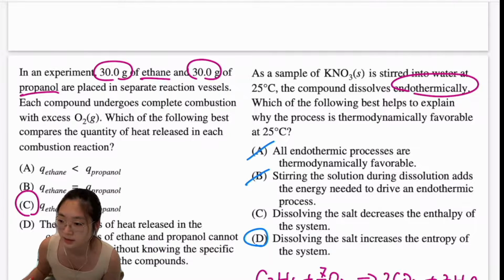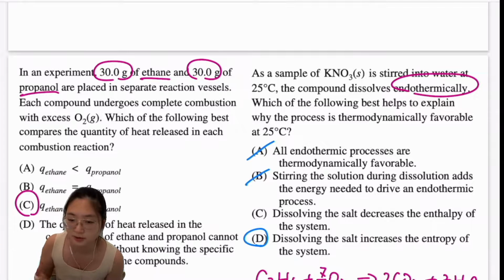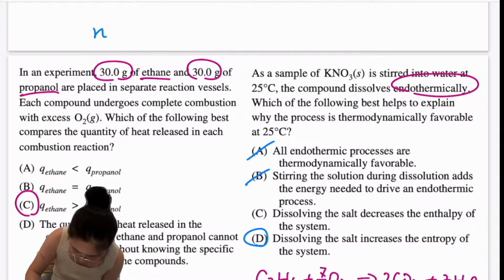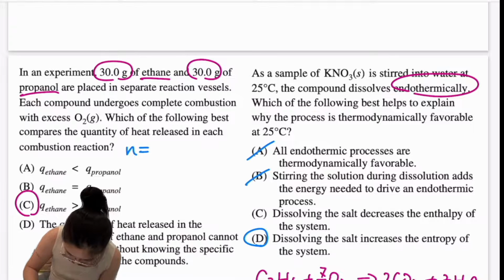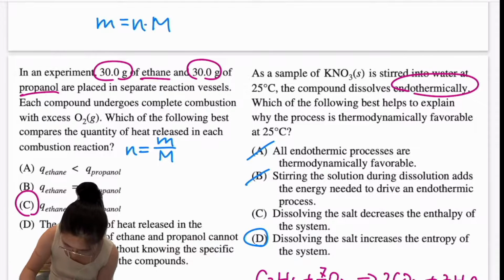And then, okay, let's go back to the propanol question. How do I calculate the number of moles? Number of moles is equal to mass divided by the molar mass, because mass is equal to number of moles multiplied by the molar mass.